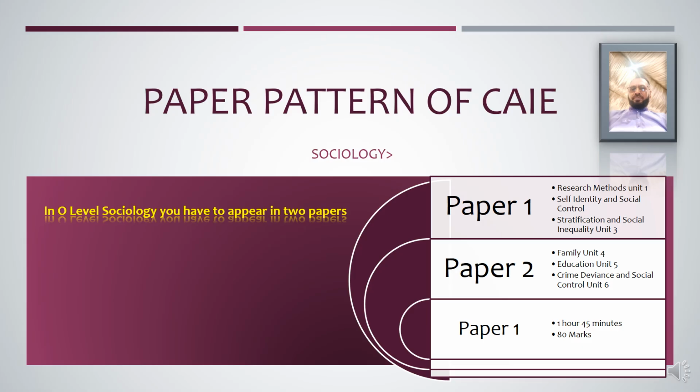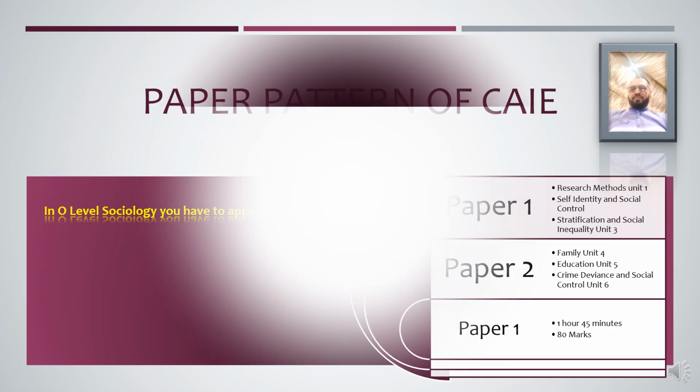Section B, question number 2 of paper 2, comes from education. Section C, question number 3 of paper 2, comes from crime, deviance, and social control. Now, one question from one chapter. And you have to answer two questions out of three, and each question carries 40 marks. So 80 marks for paper 1 and 80 marks for paper 2. I hope you got it clear.